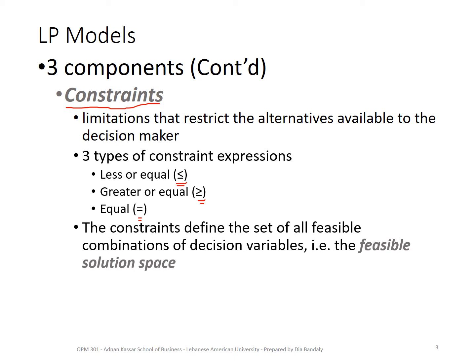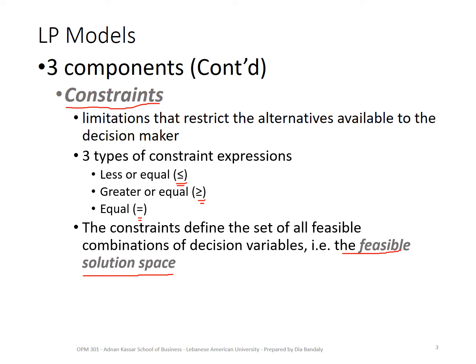That means, does it still meet the new requirement as well as the previous requirement? And that's why we were changing it, right? So the set of the constraints will form for us what we call the feasible solution space. What is it? It's all the options that we have, all the solutions that we have, where all the requirements are possible.